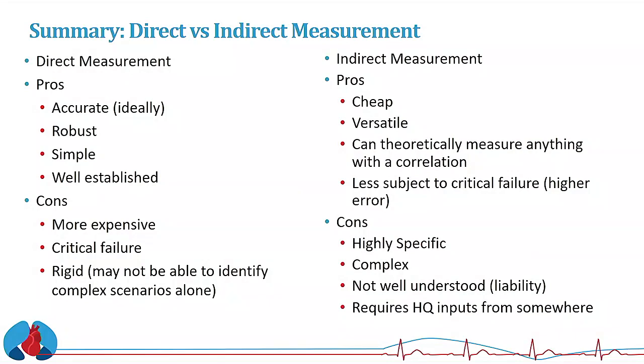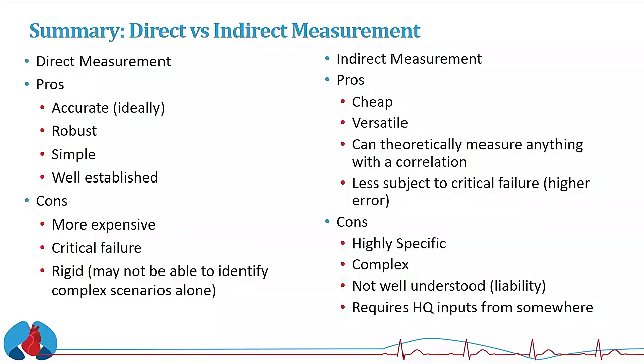And you can theoretically measure anything with a correlation. That's amazing. There doesn't have to be any causality whatever. As long as there's a robust correlation, you can measure anything. And also, they're less subject to critical failure. But on the flip side, they have a higher range of error.